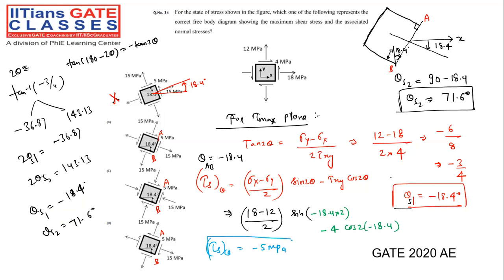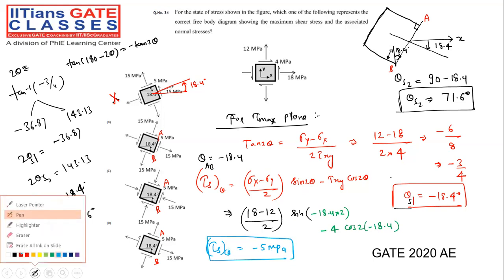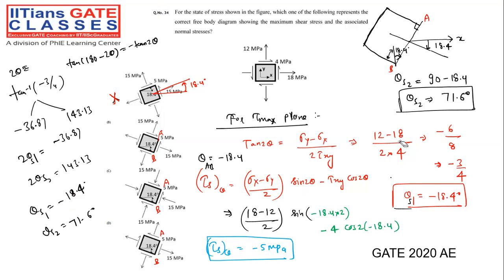What is the meaning of minus 5 megapascal? My dear friend, we have defined our plane. Try understanding what I'm saying.